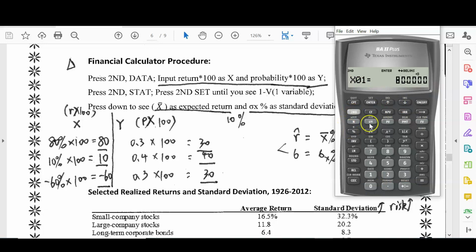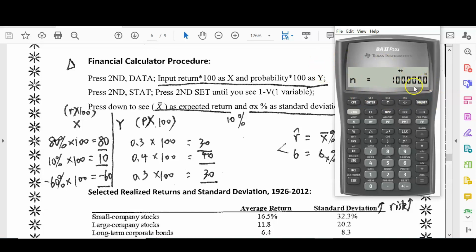We press second stat. It shows LIN. So we press second set to change it to LN. And then we keep pressing second set until we see one variable. Then we press down button. So we see that n is 100, verified. Okay, you have to make sure n is 100.